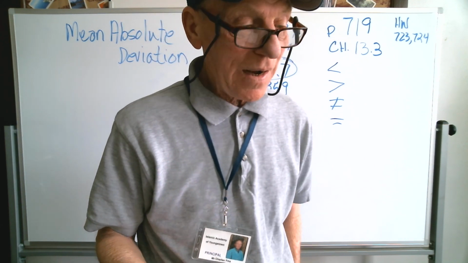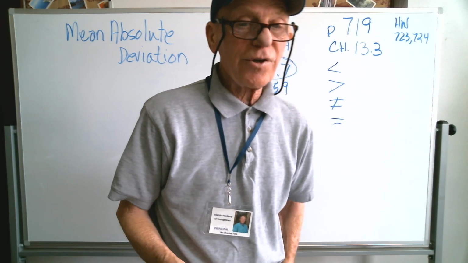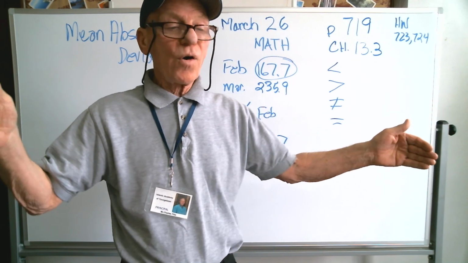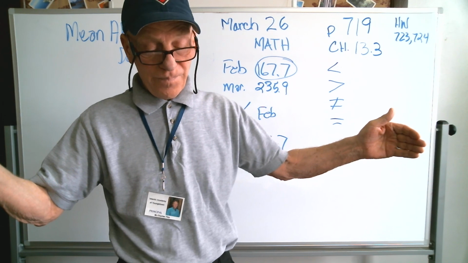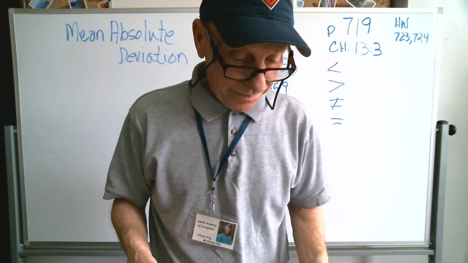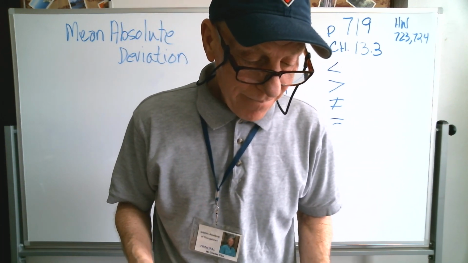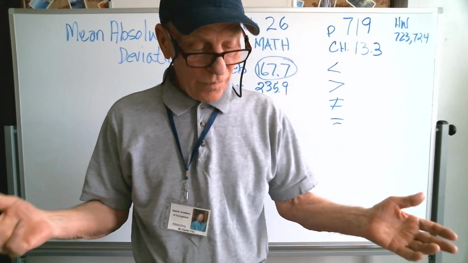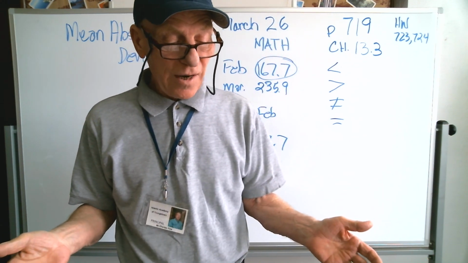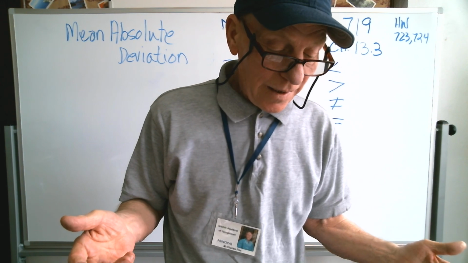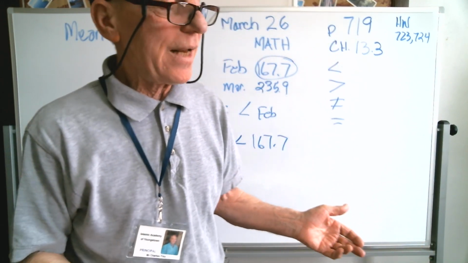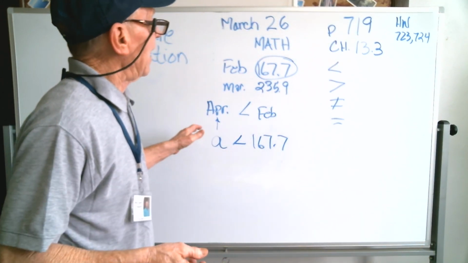So we've talked about range. We know range is the spread between the lowest and the greatest value. We know what the interquartiles are. We also know what the mean absolute deviation is all about now.